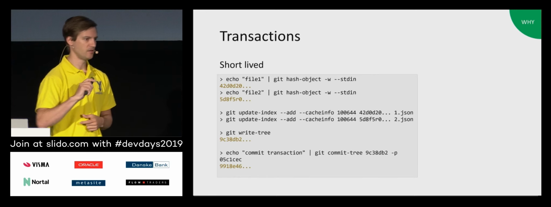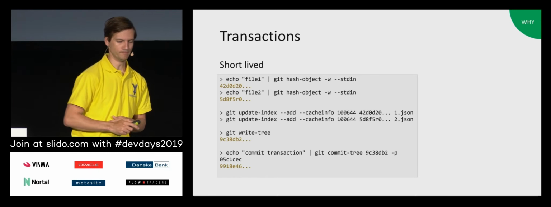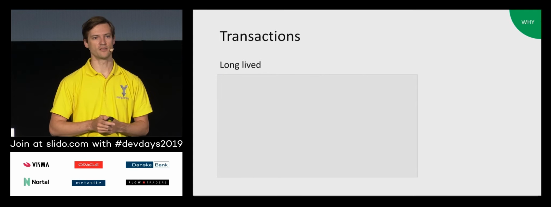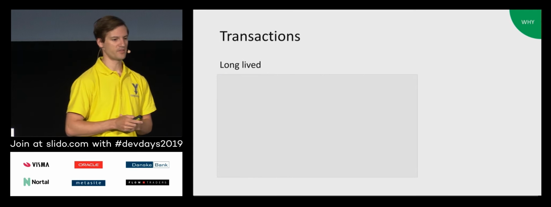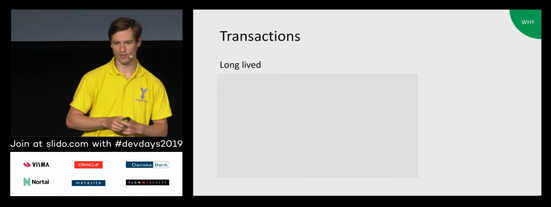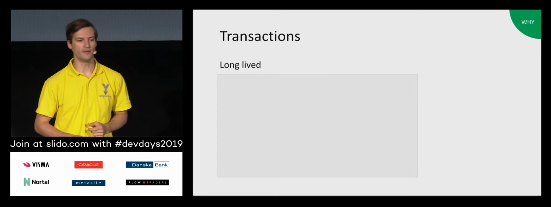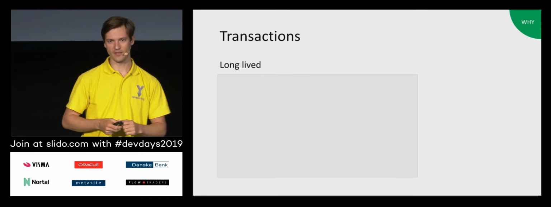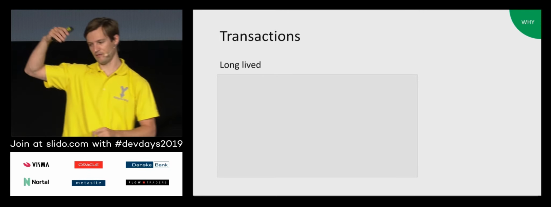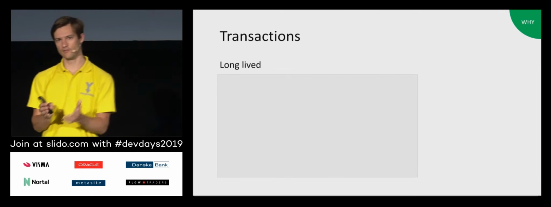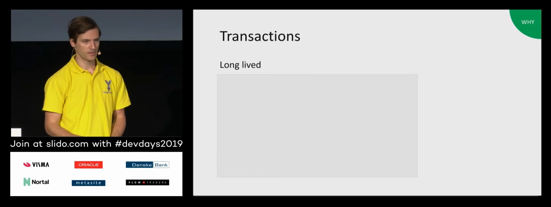But Git actually has another, interesting type of transaction, and that's long-lived transactions. What happens if you need to do some work on an application, and you get some files on Monday, then you get the rest on Wednesday, and the last bit on Friday? Typically you wait until you have all of them, and then you start inputting them.